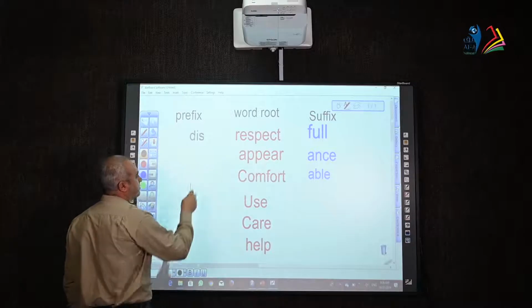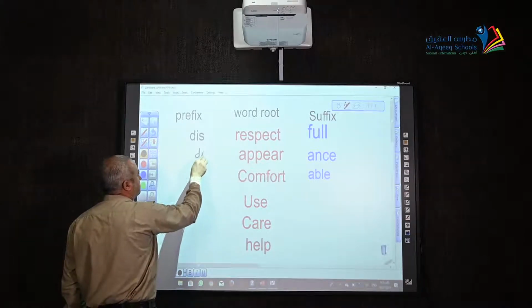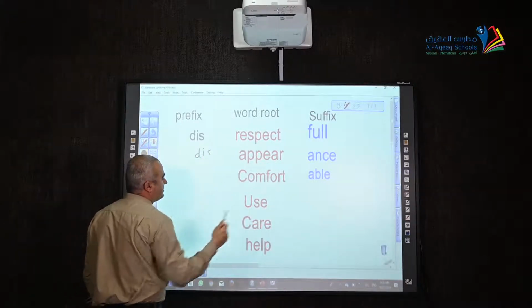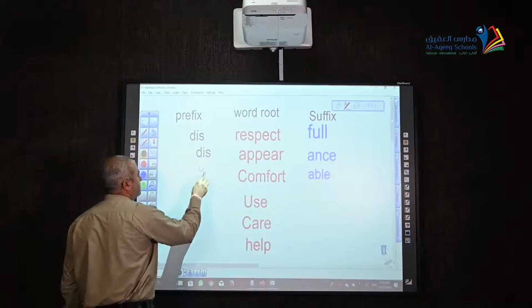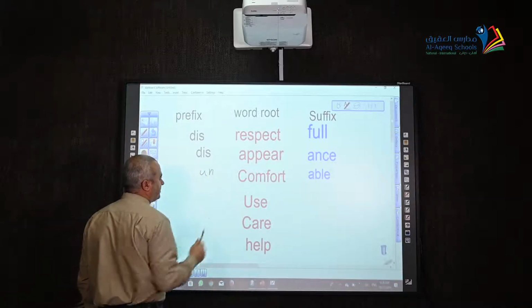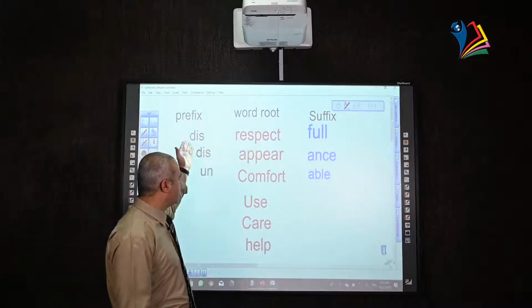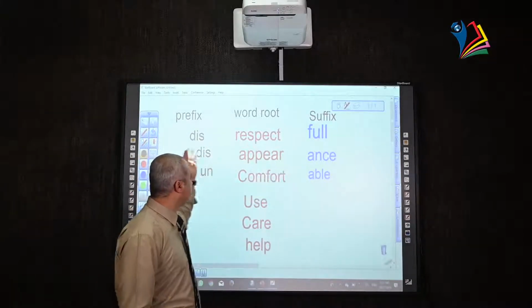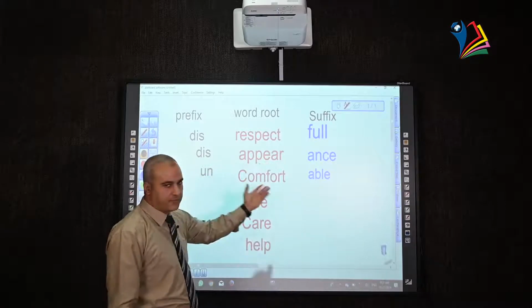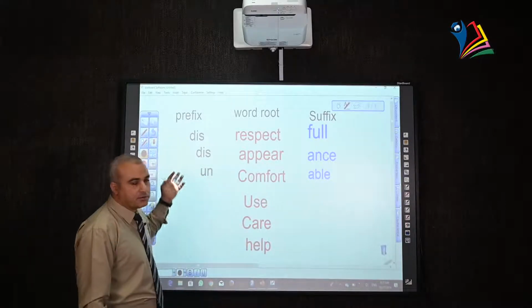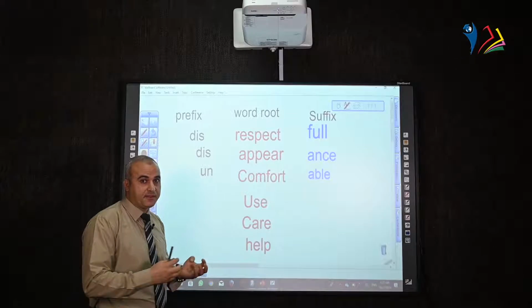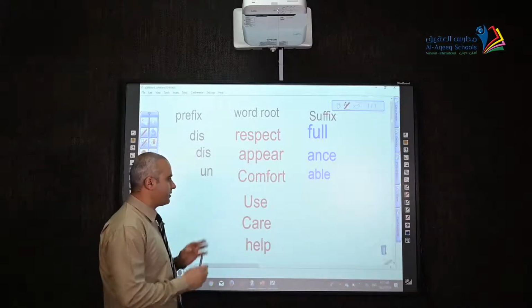Disrespectful, disappearance, uncomfortable. Okay, disrespectful: prefix, word root, suffix. Disappearance, uncomfortable. Dis and un are negative prefixes. They give the opposite of the meaning.